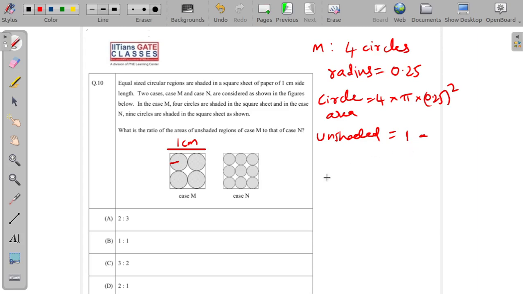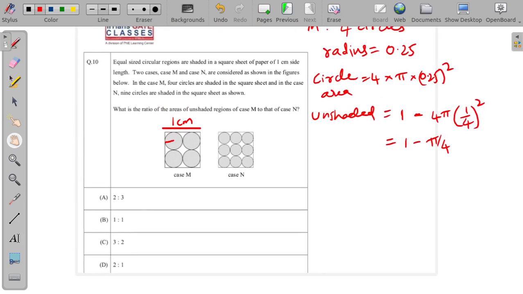This 1 is the area of the 1 centimeter square sheet. Since side is 1 centimeter, area will be again 1. So 1 minus 4 pi into 1 by 4 the whole square. This comes to 1 minus pi by 4. Fine.